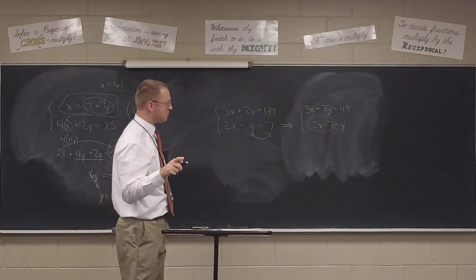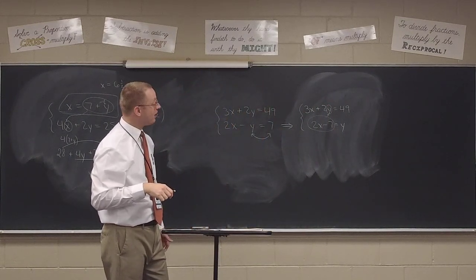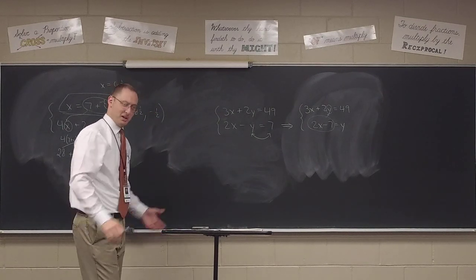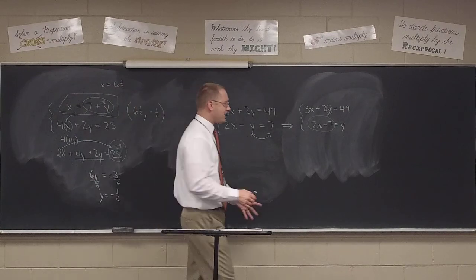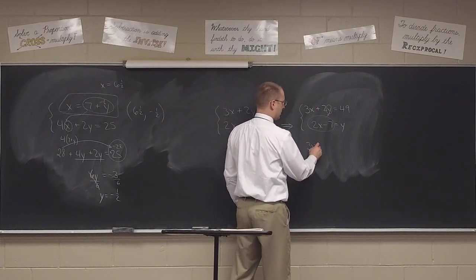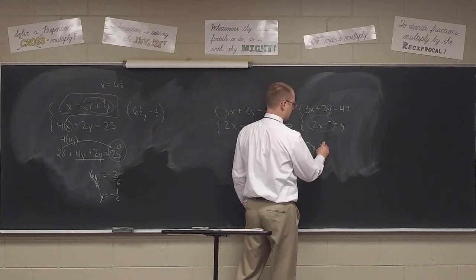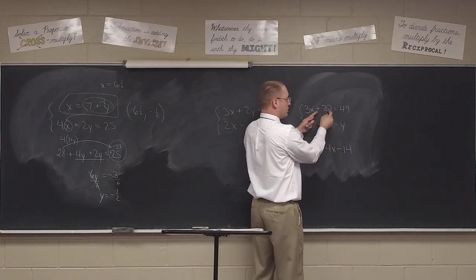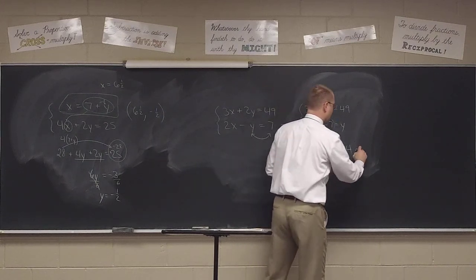Did you say negative 7 plus 2x? That's not wrong, it's just a little awkward, but you know, it works. Okay, so let's keep rolling, Maddie. What do we get when we substitute? 3x plus 4x minus 14 equals 49, when you distribute and plug in all at once.